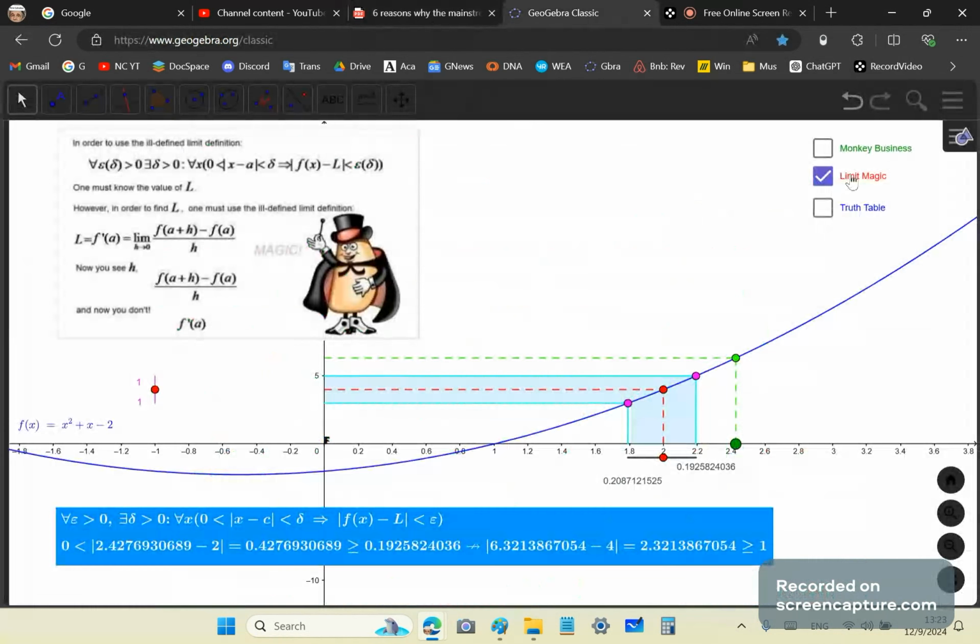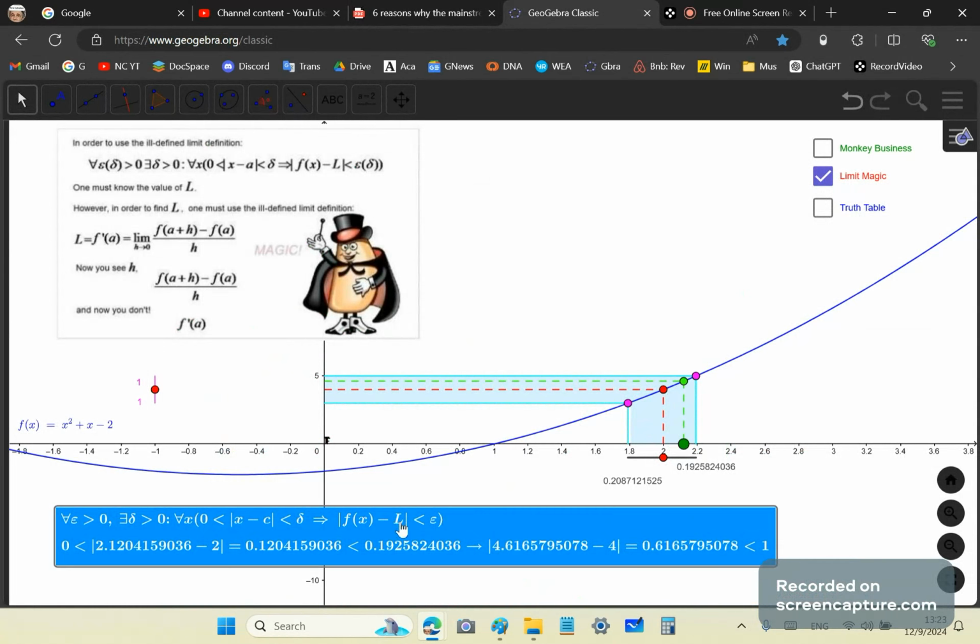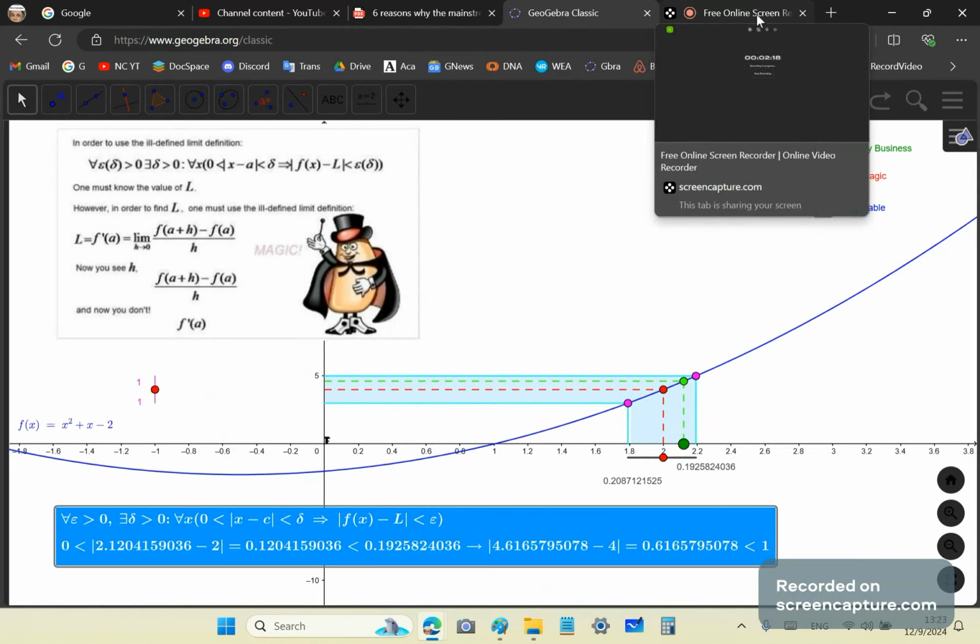So if you guess L, then you have to show that using that same inequality that you see up here, you have to show that this statement is always true, okay? But you're using L in its definition. L is the derivative, okay? So it's a verifinition, it's not a definition. The mainstream do not have a valid systematic way of finding the derivative, and that is problematic.